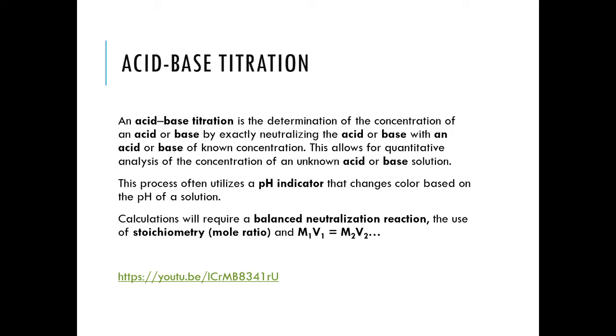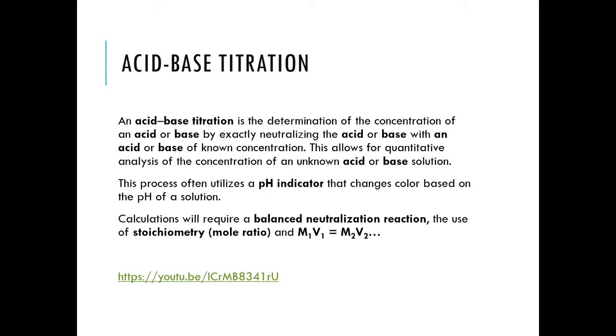So once this color change happens, we use the amount of the acid that's been titrated and the amount of the base that we started with, or vice versa, in this equation right here: M1V1 is equal to M2V2. That should sound familiar, right?